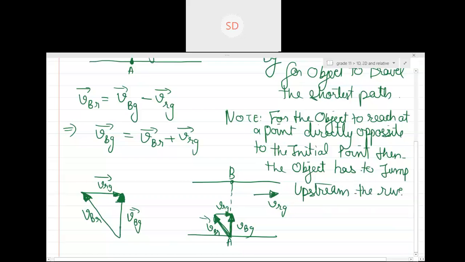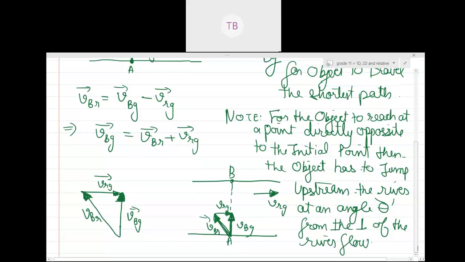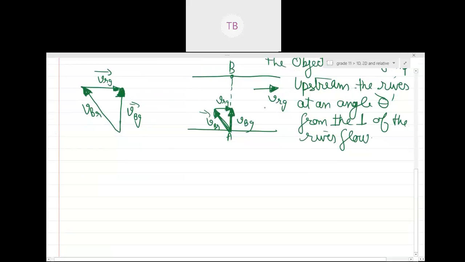So the object has to jump upstream, at an angle theta from the perpendicular to the river. Can you see over here, if I draw the velocity triangle, it will be something like this.